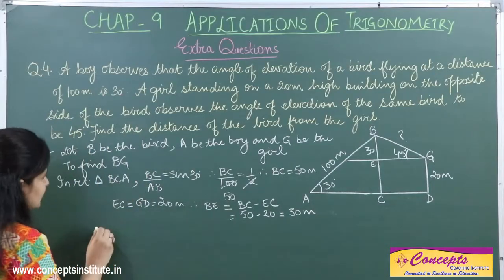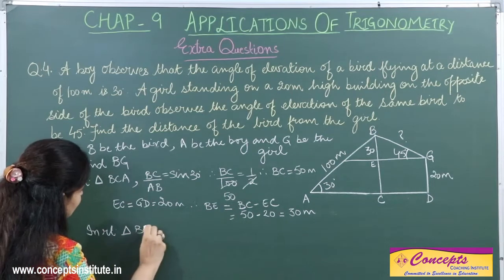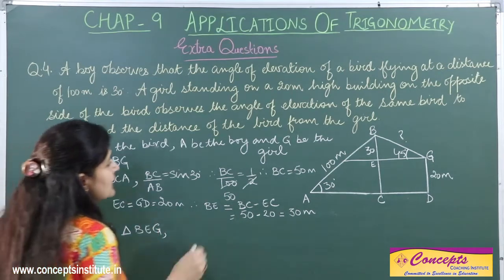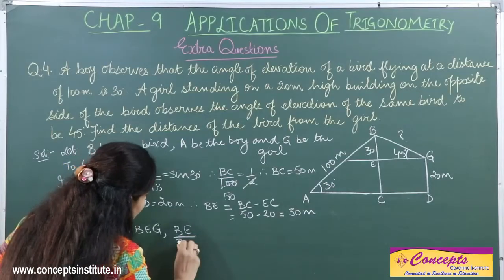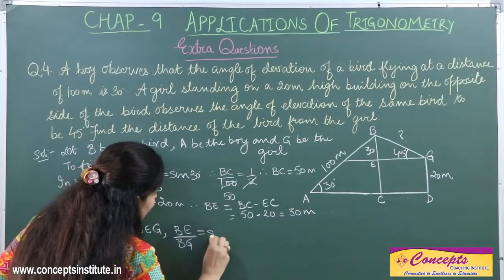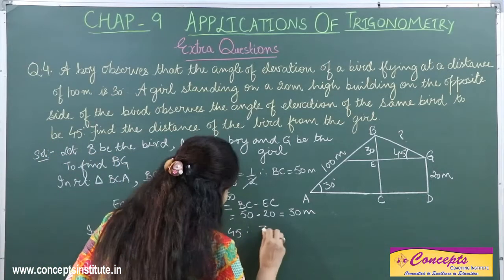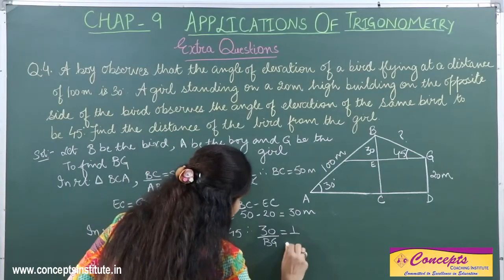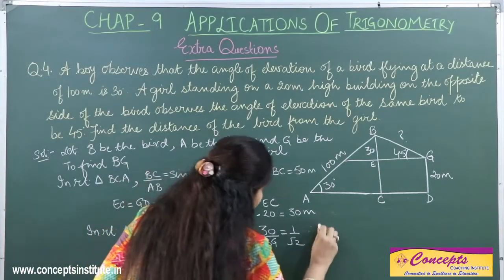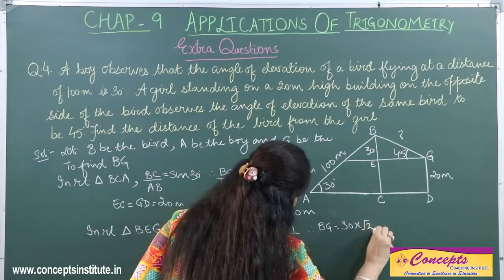Now in right triangle BEG, we have perpendicular upon hypotenuse, that is BE upon BG. So this would be sine 45. Therefore 30 upon BG, and we know that sine 45 is 1 upon root 2. So therefore BG would be 30 into root 2.